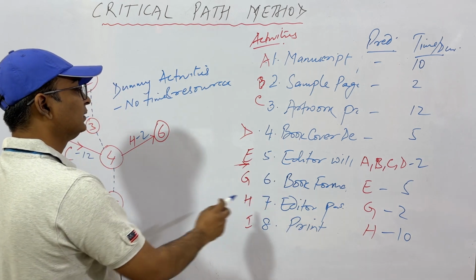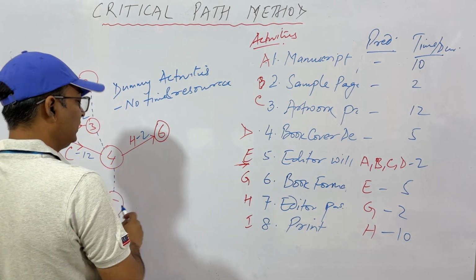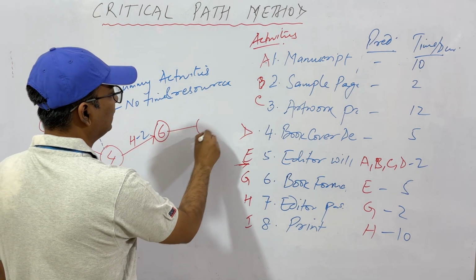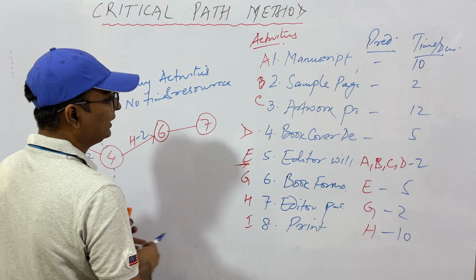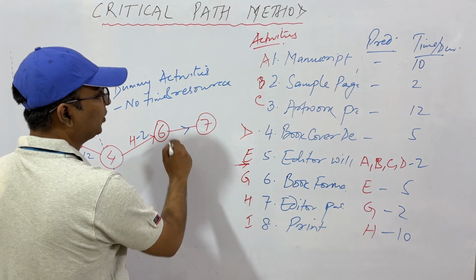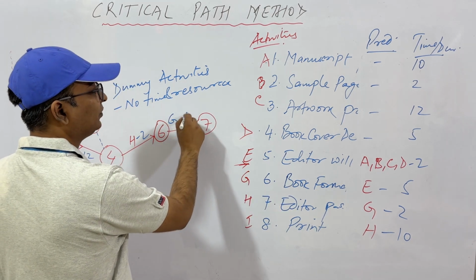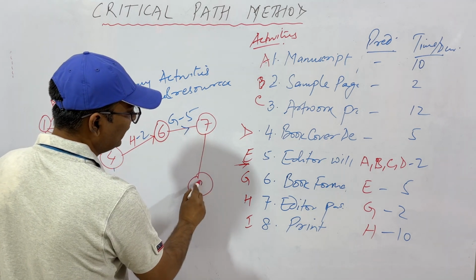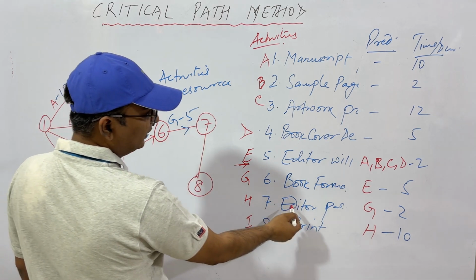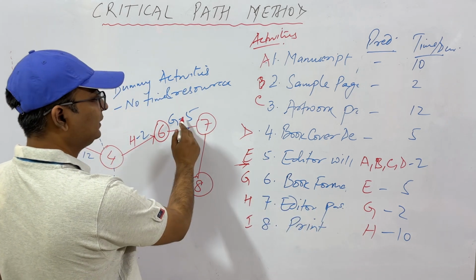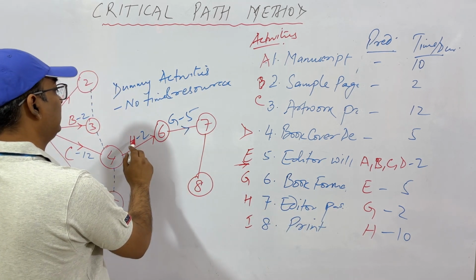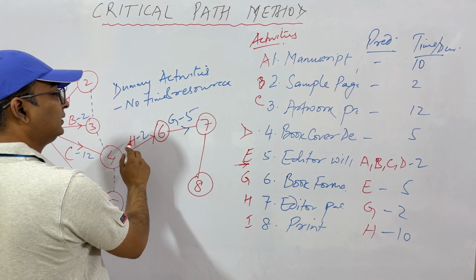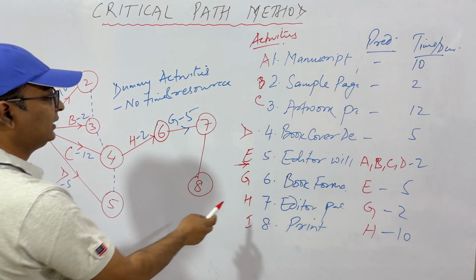So after this E, you'll have another node that will have activity G, book formatting, which takes 5 days.